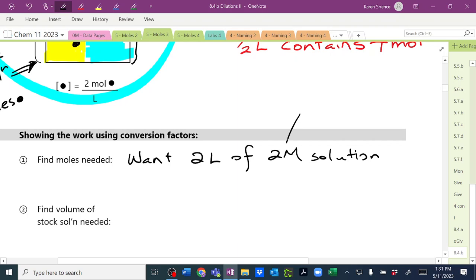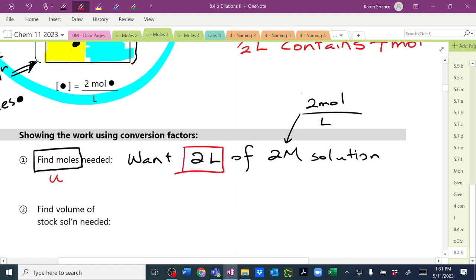Remember, what does 2 molar mean? 2 moles over liters. We want to find the moles, so the moles is our unknown. We have 2 liters and we have 2 moles per liter.